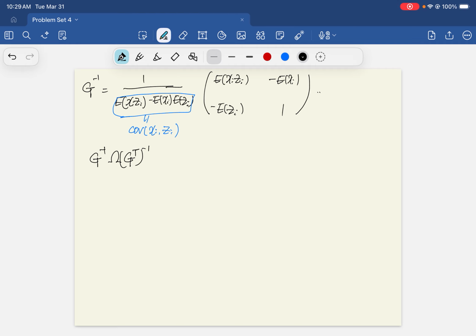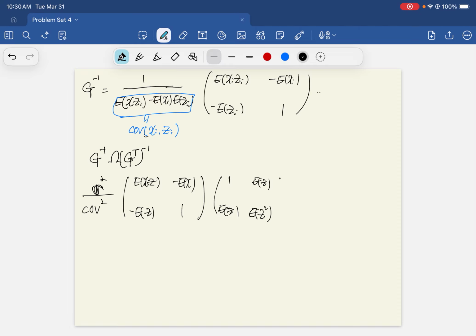It is 1 over covariance squared. So these covariances will be just taken away. Expectation x z, I will drop subscript i, minus expectation x, minus expectation z, 1, times sigma squared, which should also be factored out, times 1, expectation z, expectation z, expectation z squared, times expectation x z, minus expectation z, minus expectation x, 1.